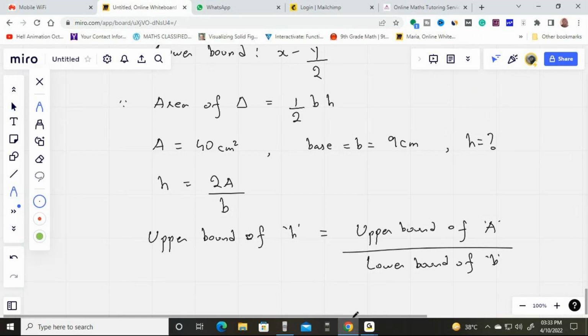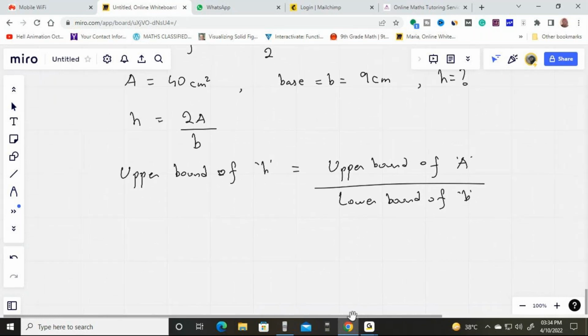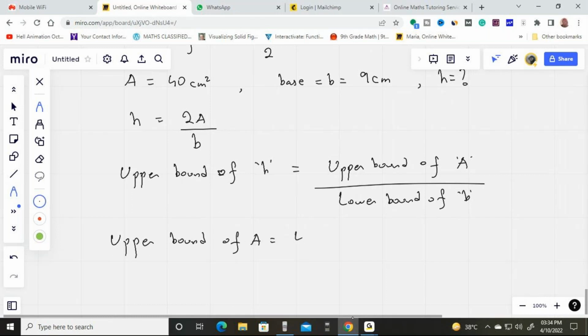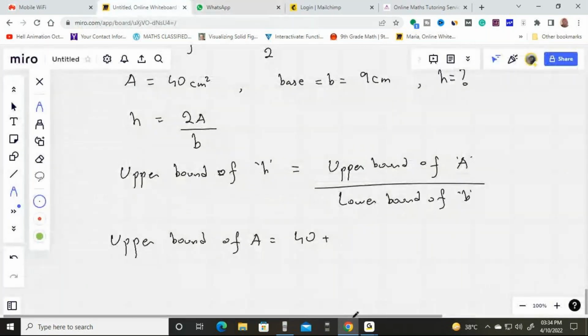So I need to find the upper bound of A and the lower bound of B. Let us do a little down. Upper bound of A is equal to 40 plus, here the value of y in terms of area is 5 by 2, so it is 42.5.